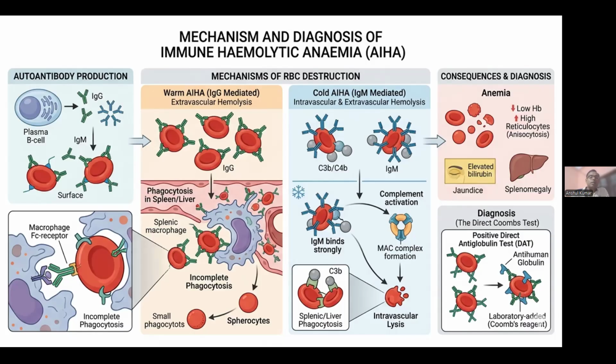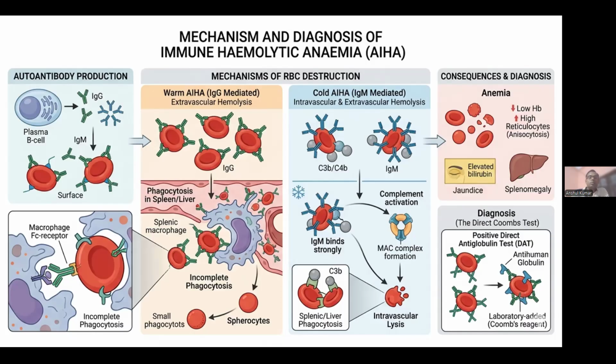We will see what warm and cold antibodies are in the following slides. Next is the cold autoantibody, which is IgM mediated, which causes both intravascular and extravascular hemolysis. Intravascular is within the blood vessels, and extravascular is outside the blood vessels.